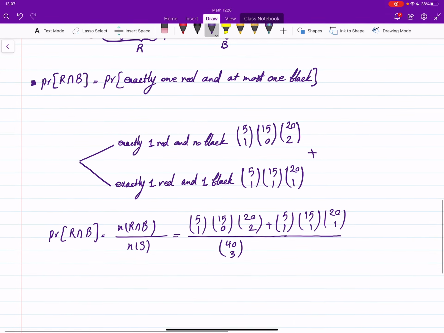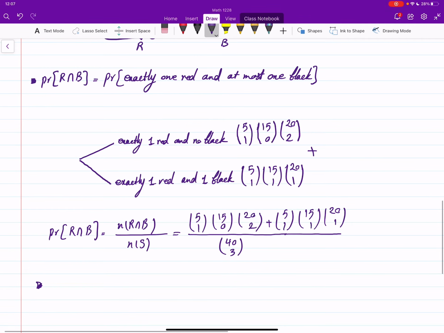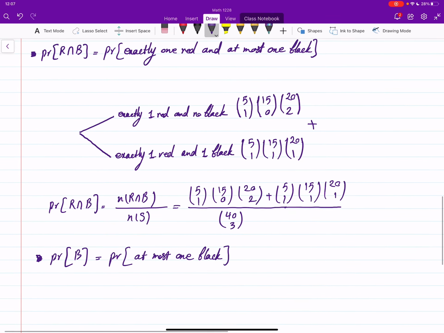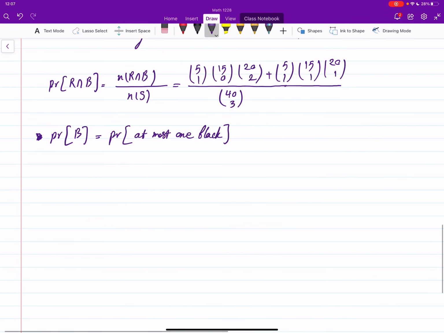That's for the intersection. We need also to know the probability of the given part, which in this case is the probability that at most one black is drawn. So for at most one black, again, you have two cases: no black or exactly one black.